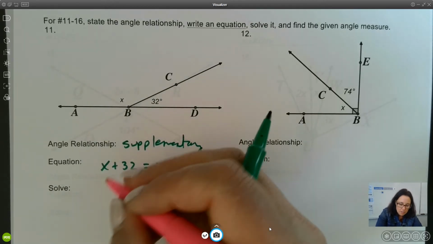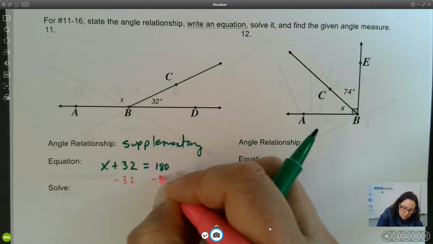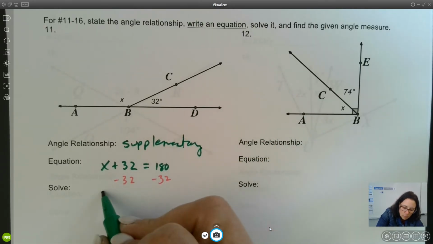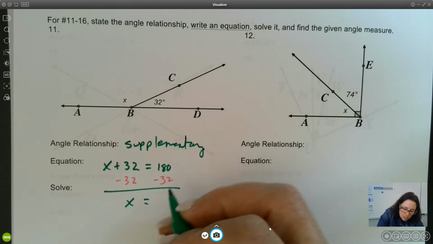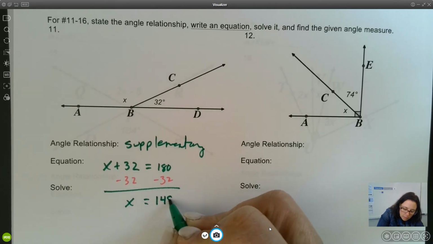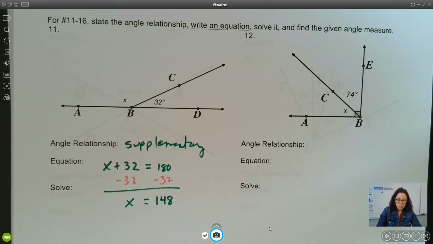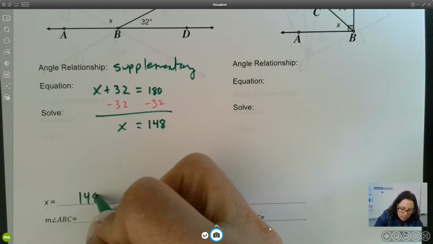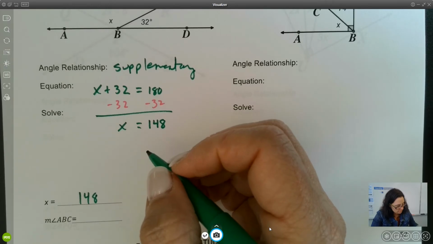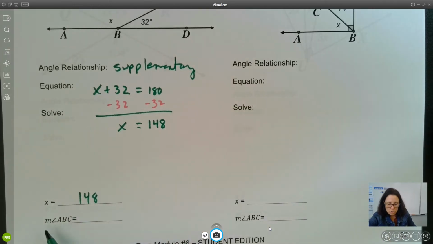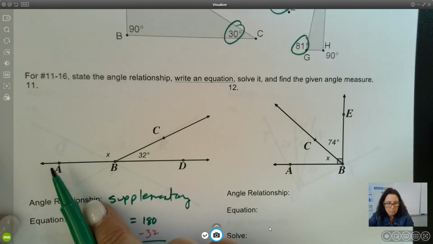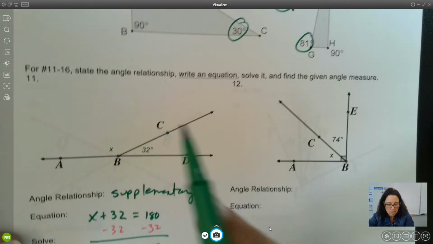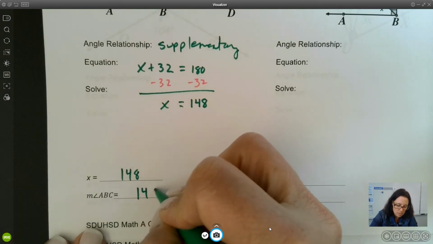When we subtract 32, we end up with x equals 148. So x equals 148. Okay, now let's answer this question of the measure of angle ABC. The measure of this angle is 148 degrees.